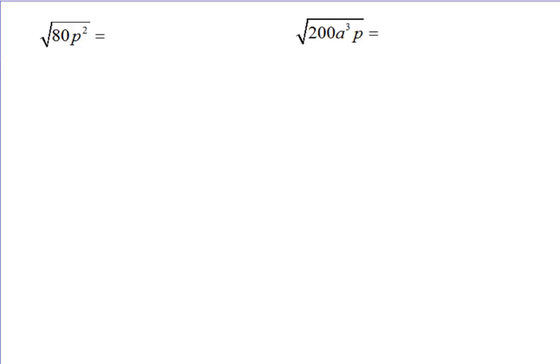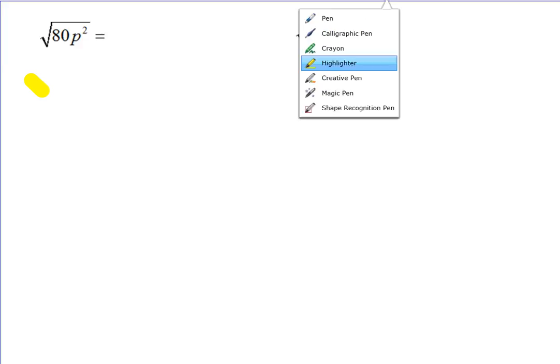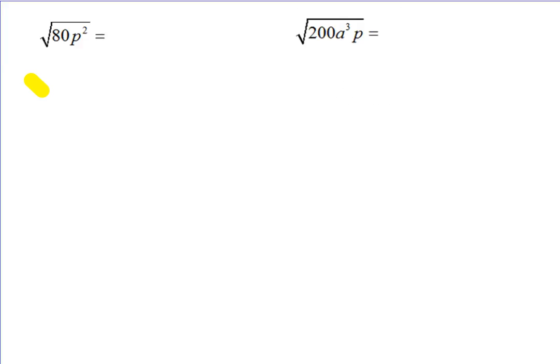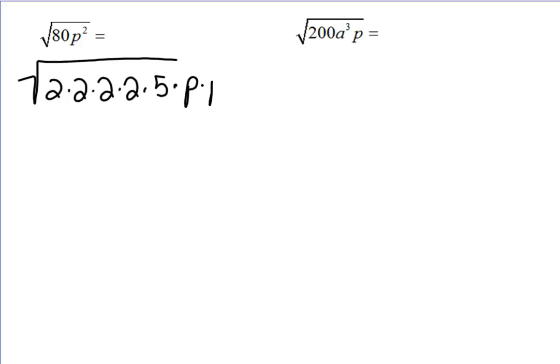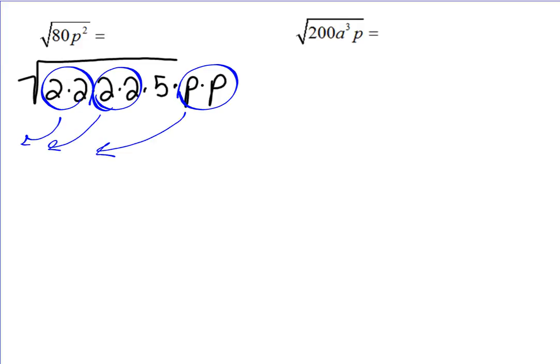So what I have here, don't want to use the highlighter, I want to use a pen. I have the square root of 2 times 2 times 2 times 2 times 5 times p times p. All right, now group my groups of 2 exactly alike items. All right, bring them on the outside, and same rule goes for the p's.